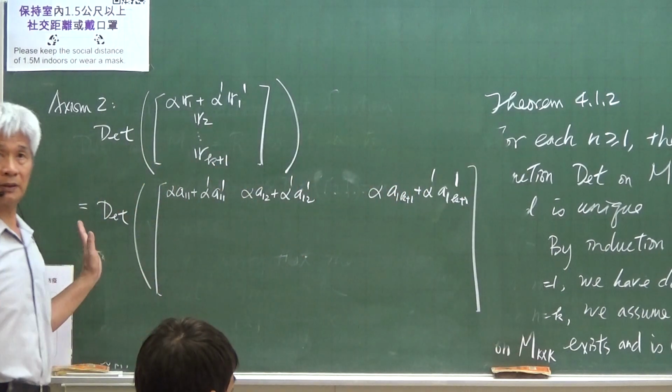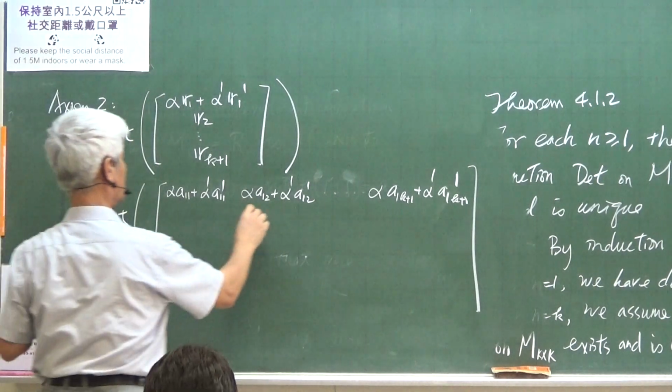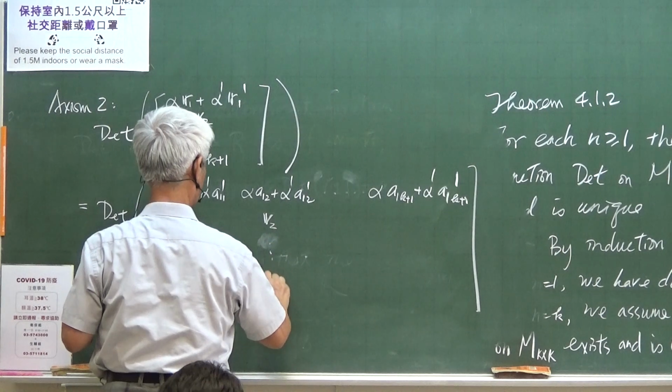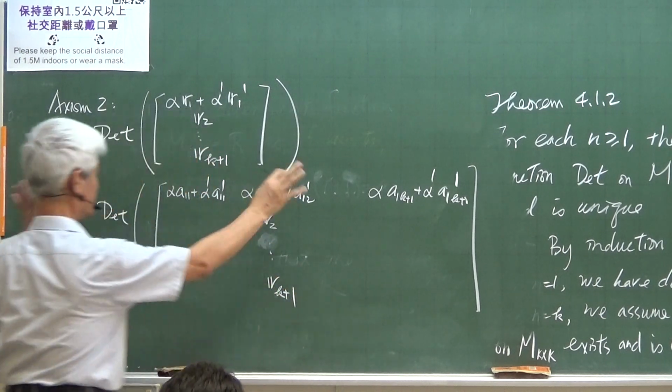This is the first row, and we have R2 to R k plus 1.